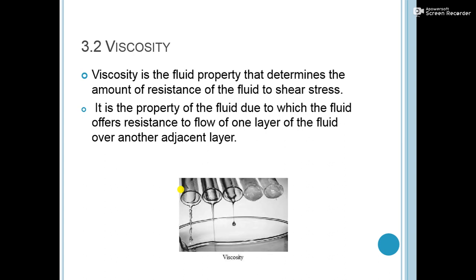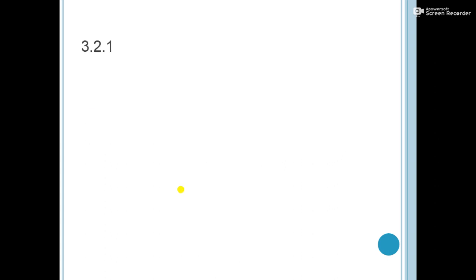The figure shows the different viscosities of different fluids. Again, viscosity can be termed in two different categories, dynamic viscosity and kinematic viscosity.